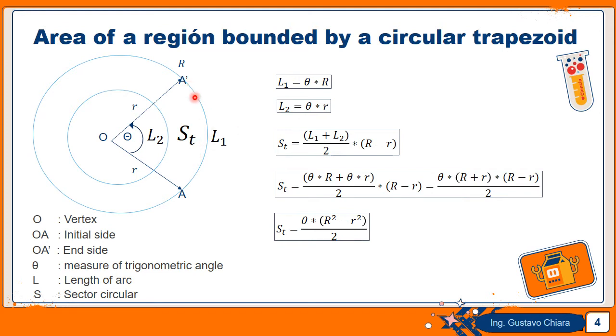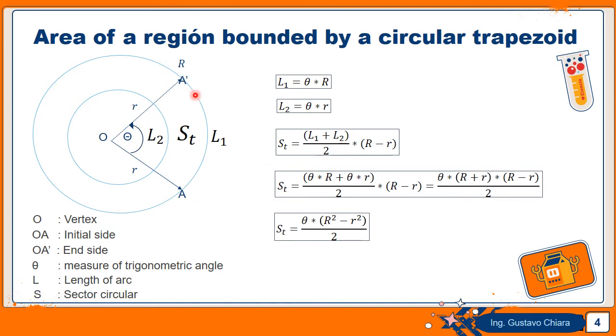Well, the arc L1 is equal to theta multiply R. The arc L2 is equal to theta multiply r, and so the area is equal to an ordinary trapeze.